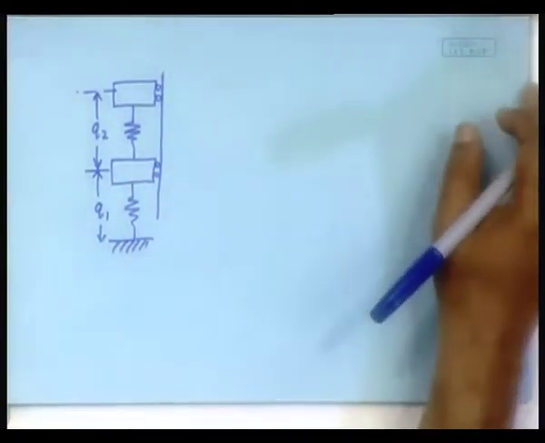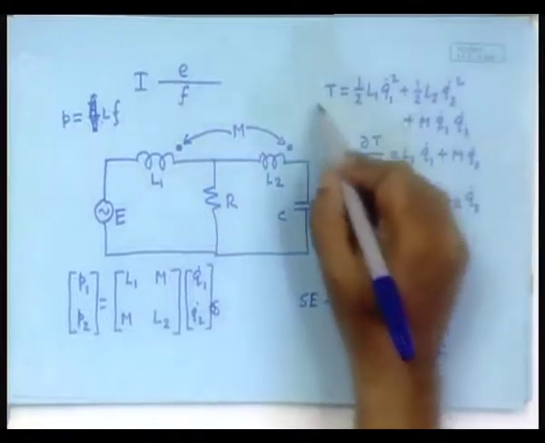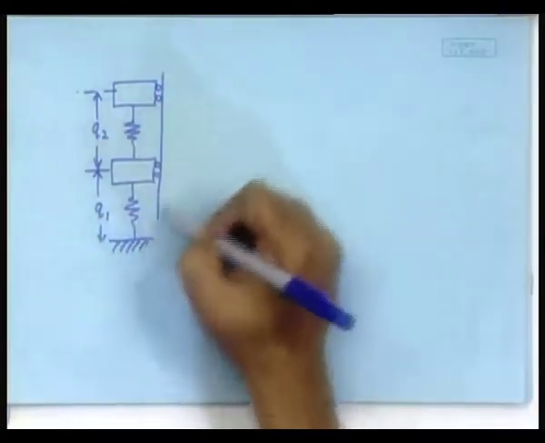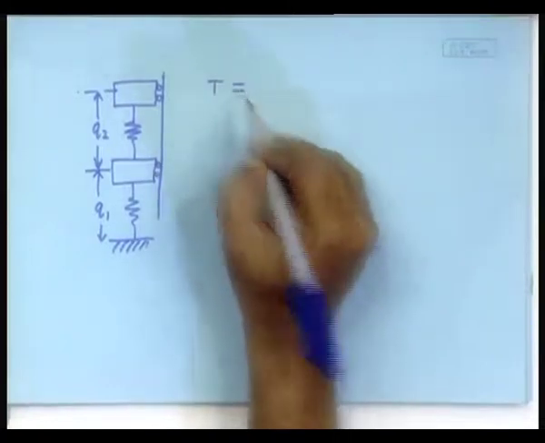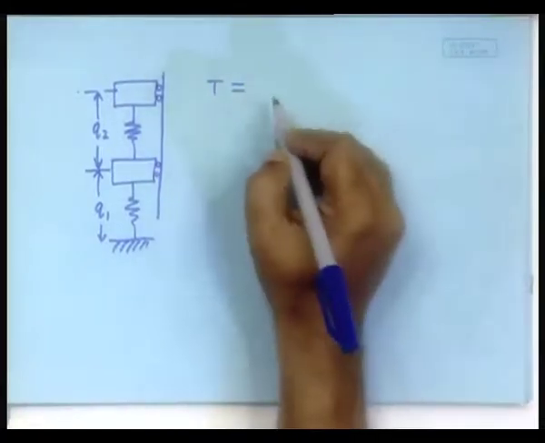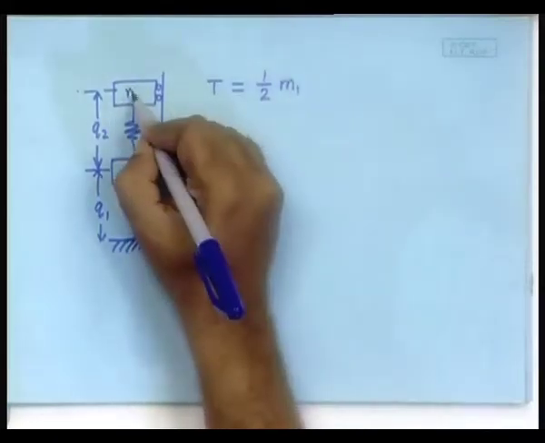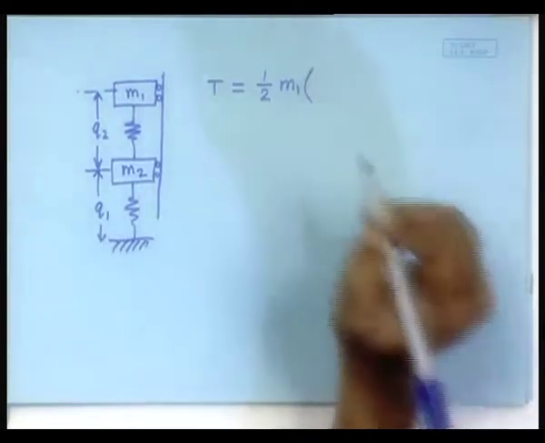Let us see. The way we did it in the last class, we wrote the kinetic energy equation, and from there we obtained the momenta. Let us see what would be the kinetic energy of this setup. T would be half m1, this is m1 and this is m2, m1 times what square?